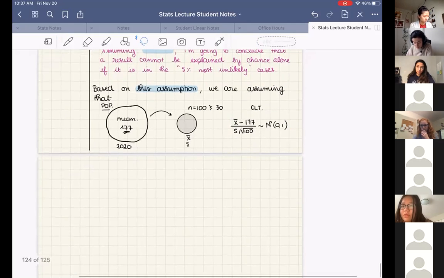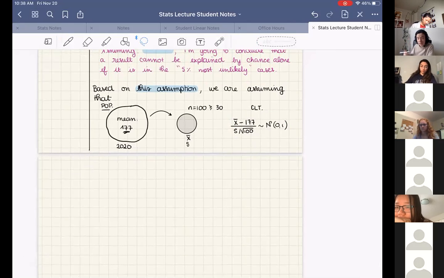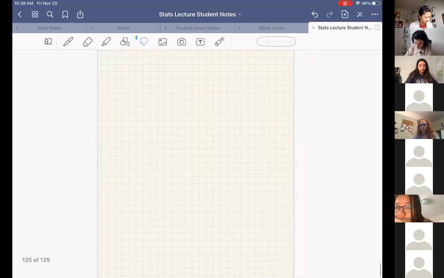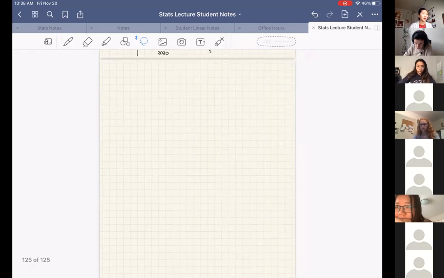All right, so now we have the distribution. So we know that this is a normal distribution. This is from what we did in the previous section, from what you have in the homework. I'm going to continue the margin on the next page.